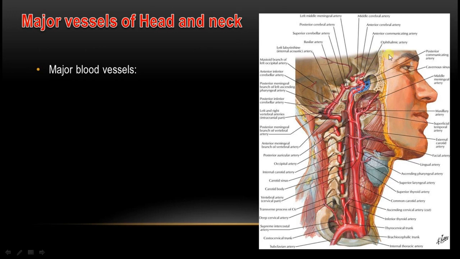The external carotid artery supplies the external part of the skull, face, muscles, fascia, all those things in the neck and the face, and also the scalp, the soft tissue on top of the skull. The internal carotid artery enters deep inside the skull and supplies the structures, mainly your brain, and then your eyeball, and also the structures in the orbit.